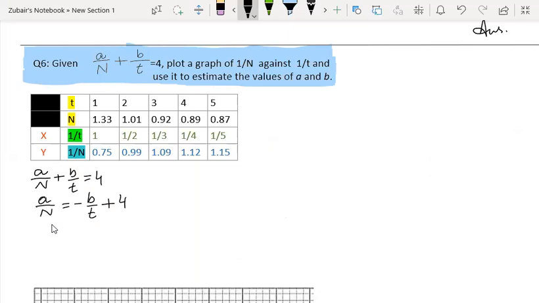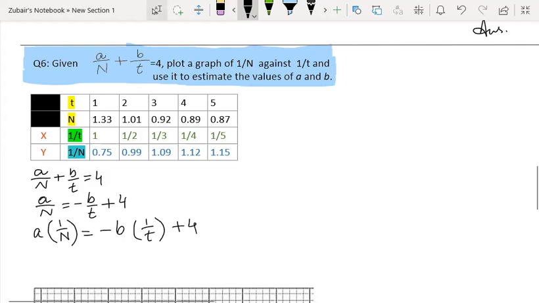So this will become a, because a is constant, so we keep this as a separate entity, and then minus b into 1 upon t plus 4.